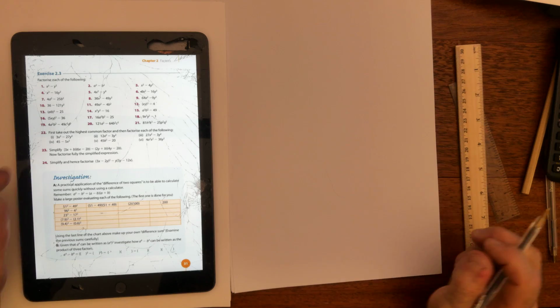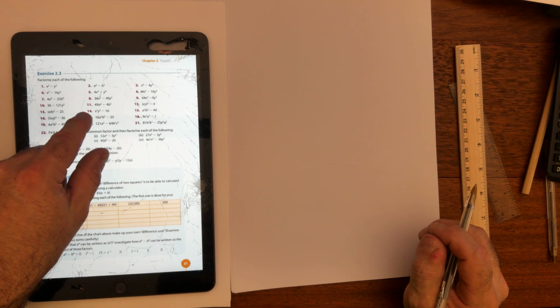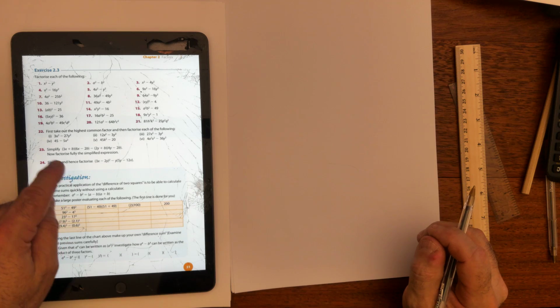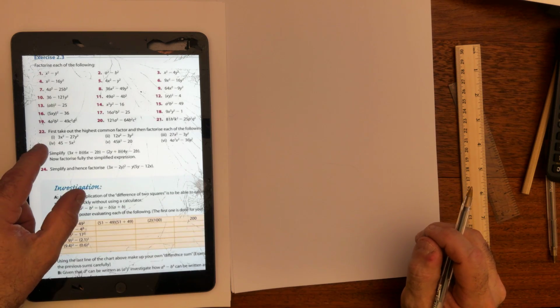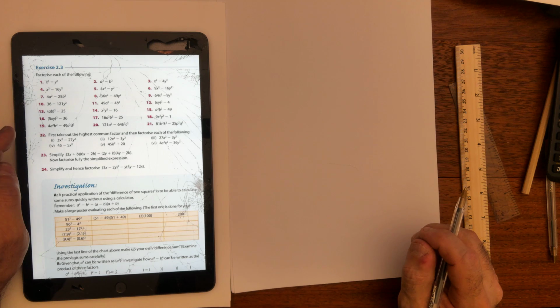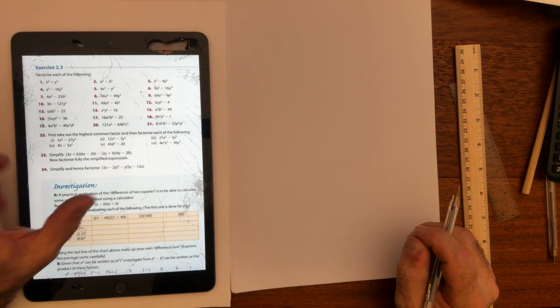Okay, scan to see any challenges there. Nothing really. There are a few here that are all worth doing. Question 10 has a 3 in common? No, it doesn't.